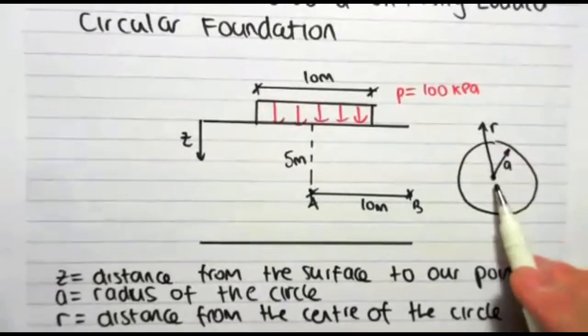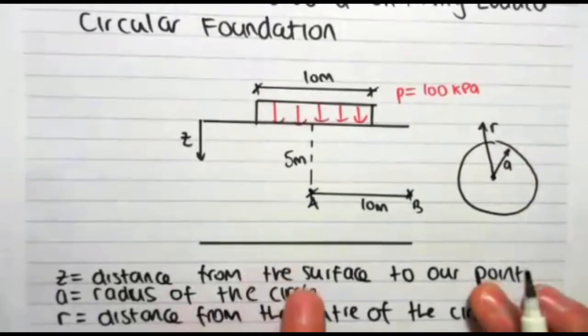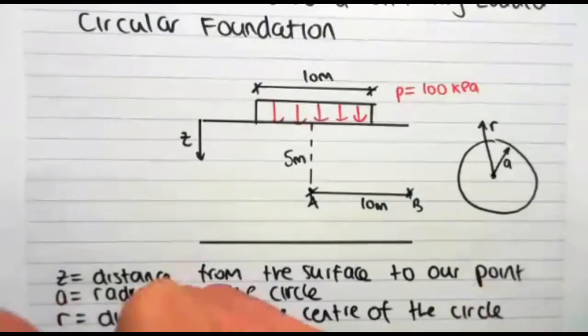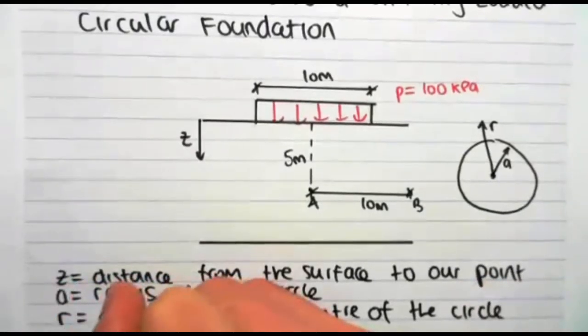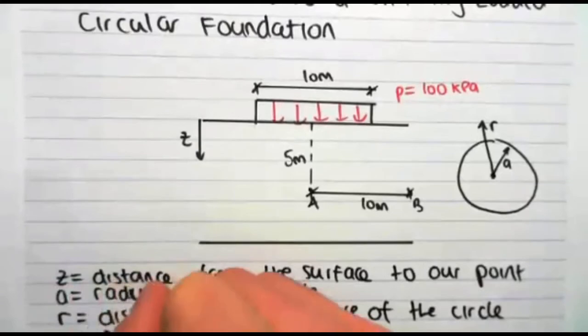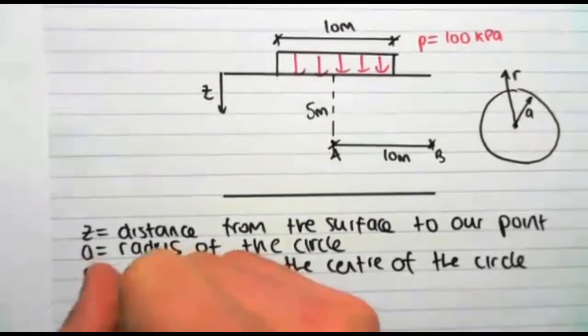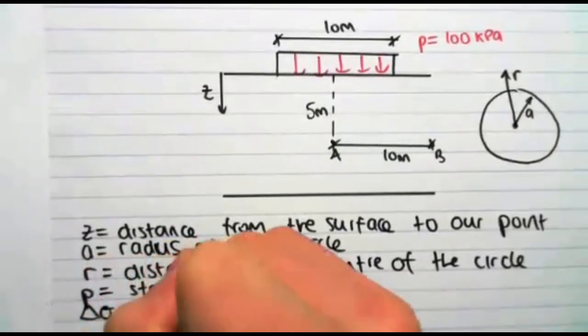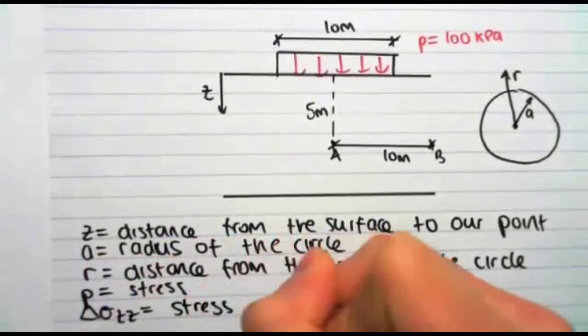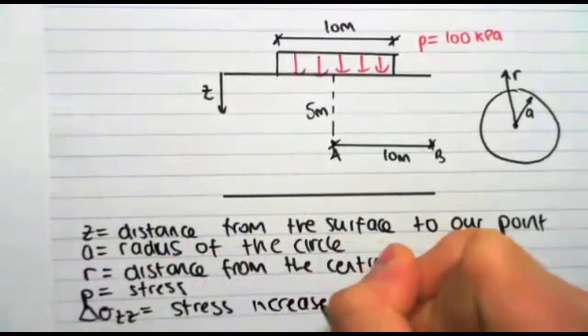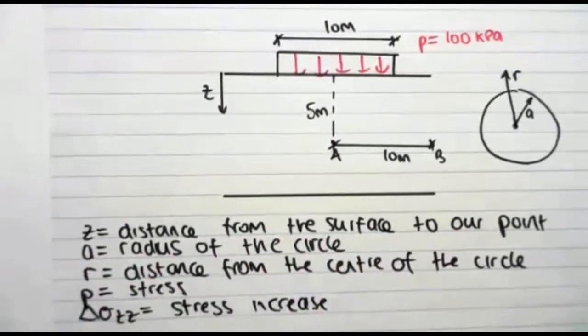So R is just the distance from the center of our circle. The last definition is P equals the pressure, or the uniform stress, and we will call change in Z equals the stress increase. It's very important, stress increase, and you'll see why later on in this video. It's not just the stress, it's the stress increase.